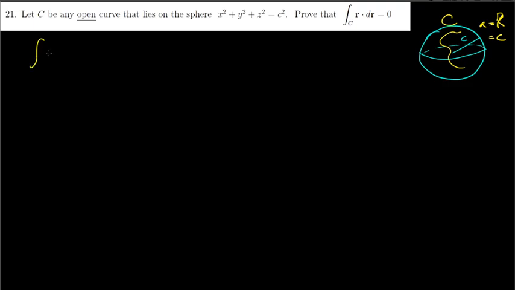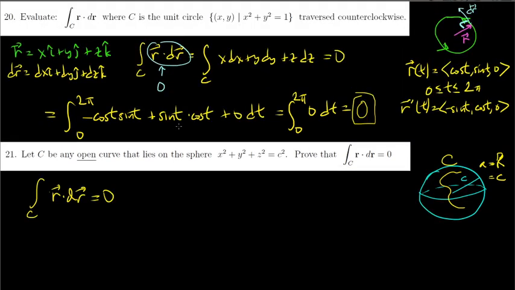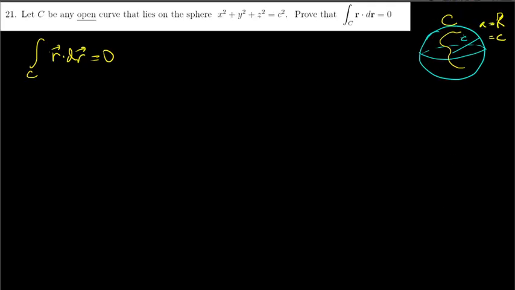And here we want to prove that over that curve, the line integral of r dot dr is 0. And in some ways, yeah, we just showed that, but that was for the circle, not a curve in the sphere. The circle is a closed curve. This is not a closed curve, right? This starts at one point, say at point A, and ends at point B. Okay, so not the same situation.